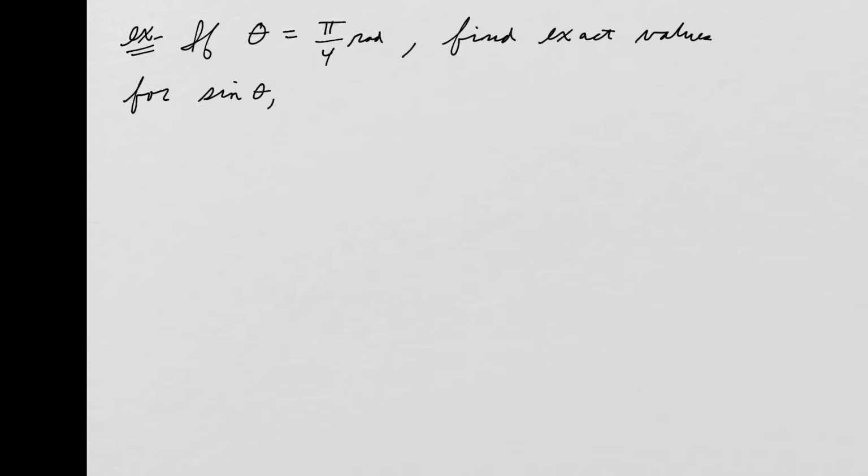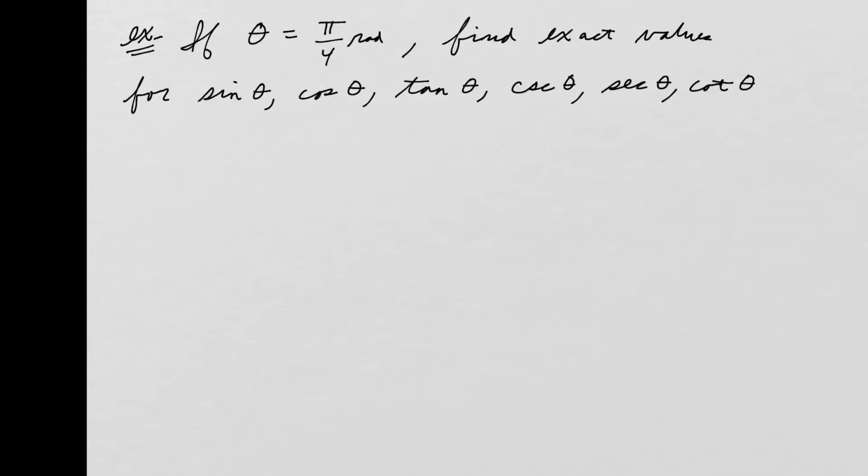So sine of theta, cosine of theta, tan of theta, and then cosecant, secant, and cotangent. Right, so we want to find exact values for all of those.